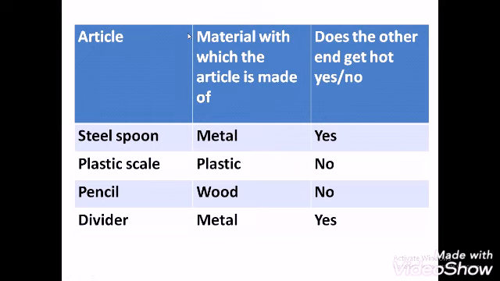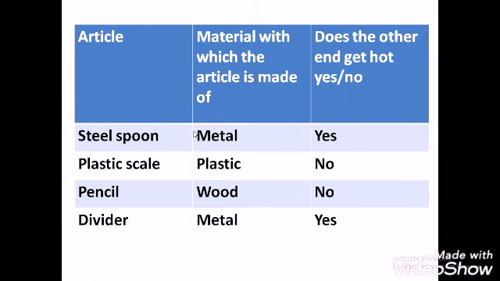This is the table. It shows the article, the material the article is made of, and whether the other end gets hot or not. First one, steel spoon. When we dip one end of the steel spoon in hot water and touch the other end, what happens? It gets hot. Yes, and the steel spoon is made up of metal.